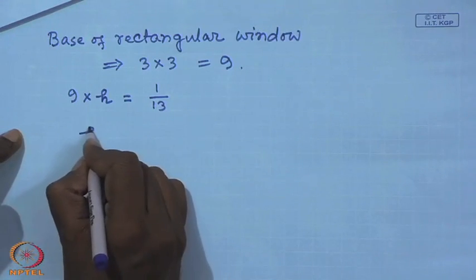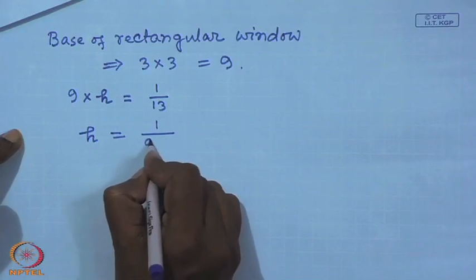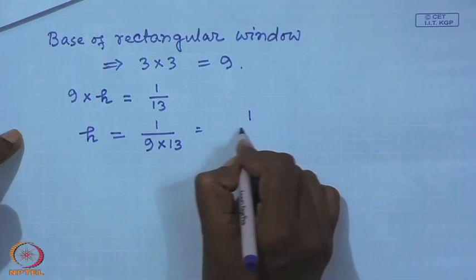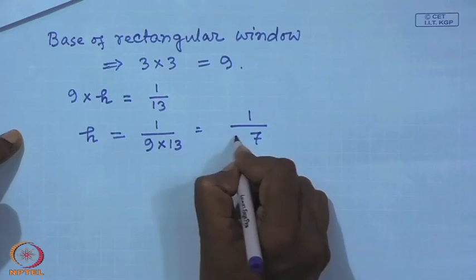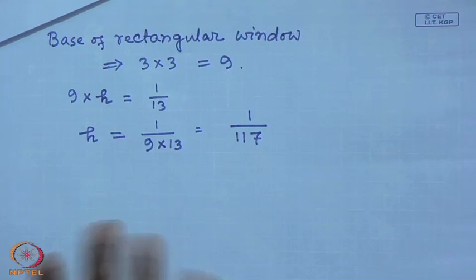Obviously, the height of the box has to be 1 upon 9 into 13, which is equal to 1 upon 117. Okay. So, I have decided what my kernel function or window function is.